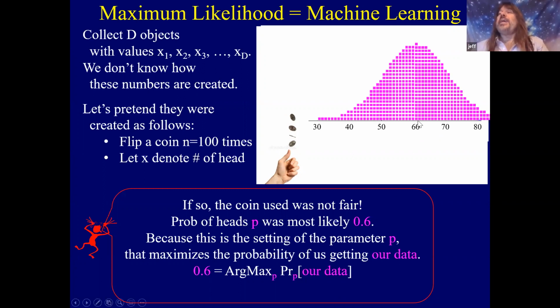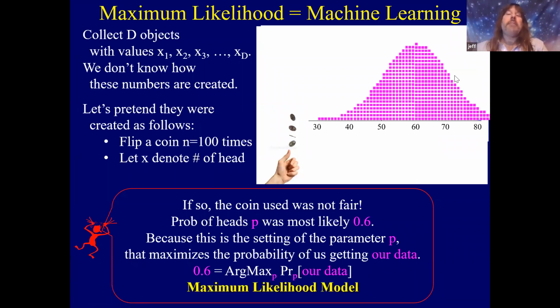And as you can see right here in this example, 60 out of 100 is probably the probability of a coin such that getting this data is very likely, right? Does that make sense? And this is called maximum likelihood modeling.